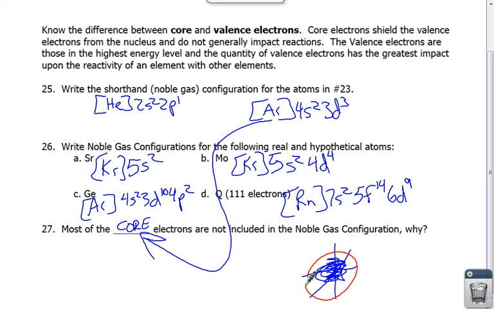And the outside electrons are really the only electrons that interact with other atoms. So those are the ones we focus on. We call the outer electrons the valence electrons. So only the outside ones really matter in reactions.